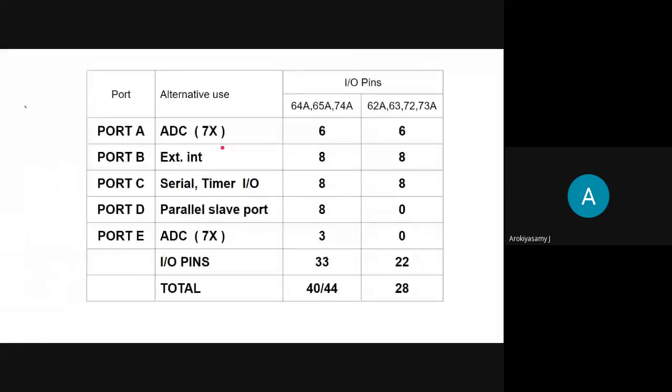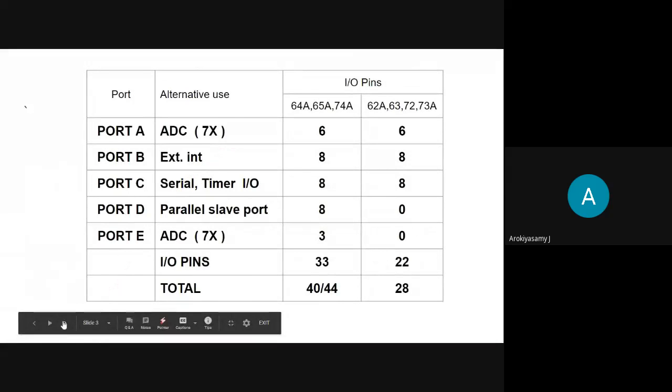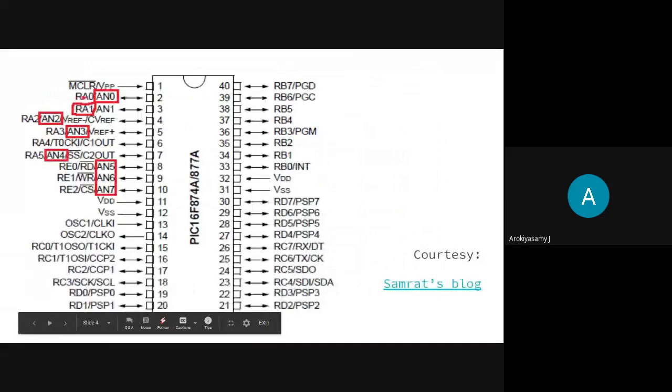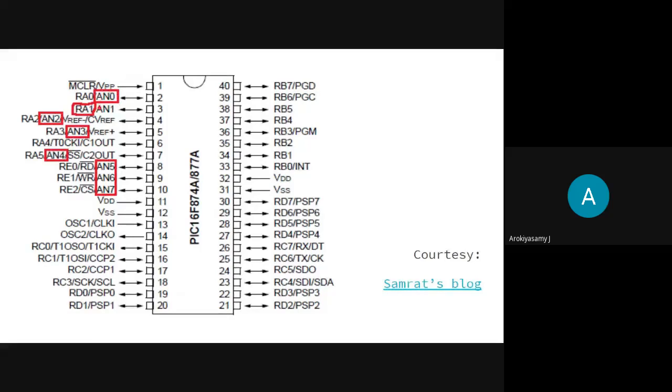That is why in the next diagram, RA0 is the 0th bit of port A. AN0 is the analog to digital converter channel 0. So two functions in the same pin. And this pin is a bidirectional pin. See the double-headed arrow mark. This shows that this pin is bidirectional.